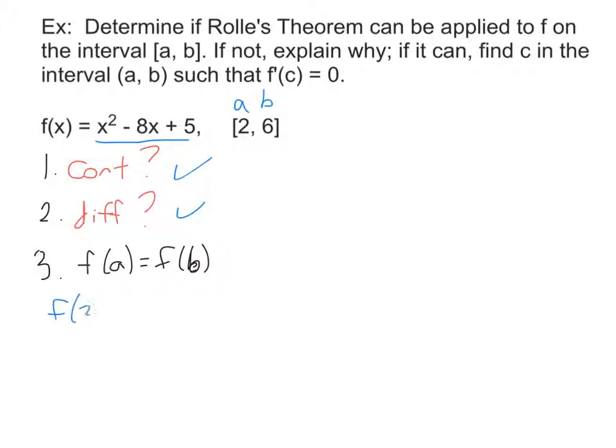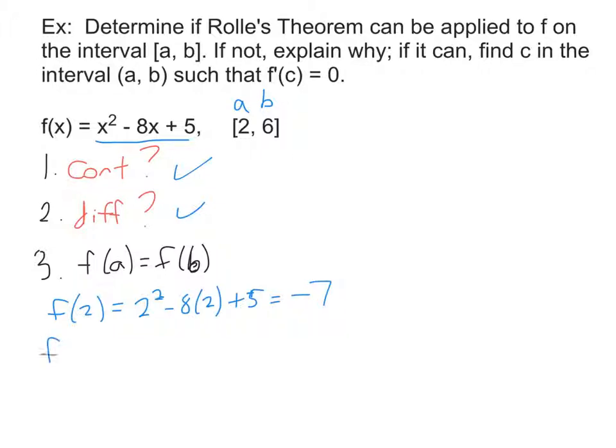So f of 2, plug that in here. We're going to take 2 squared minus 8 times 2 plus 5. And if we evaluate that, we should get, what is that? Negative 7.